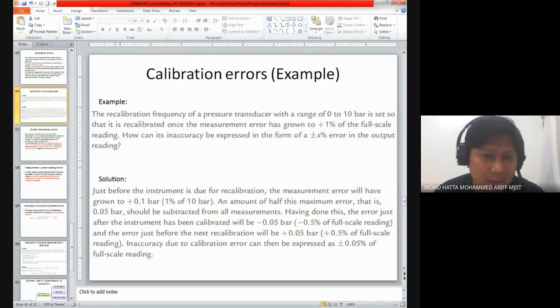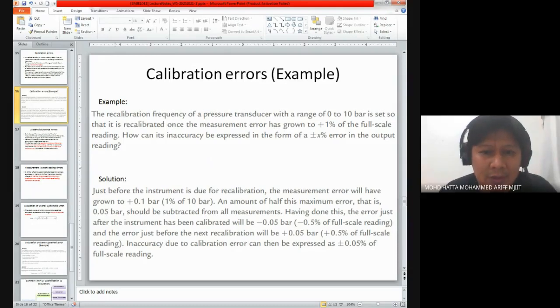This statement says that this instrument will not be recalibrated until the measurement error has grown to 0.1 bar, or 1% of its full scale reading. So it needs to be recalibrated.